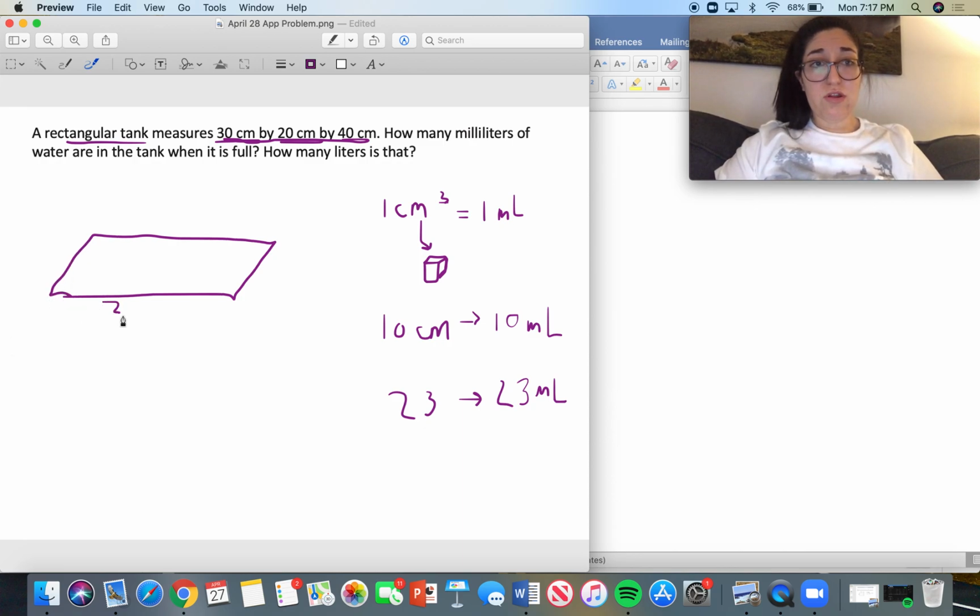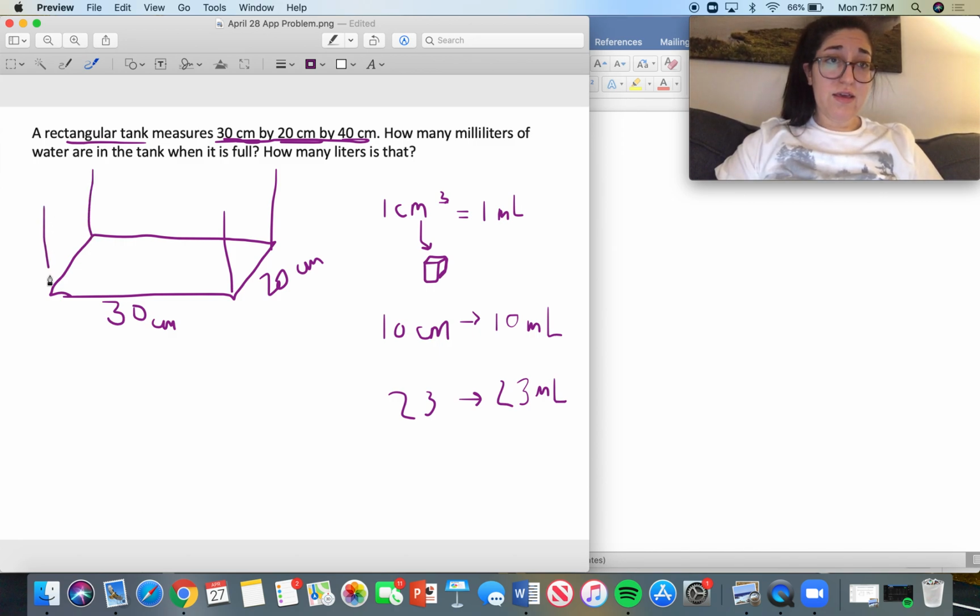So it's 30 centimeters long, 20 centimeters wide, and if I have 30 by 20 by 40, I use my 30, I use my 20, it's going to be 40 centimeters high. I can imagine I built my tank, and the height is 40, right?